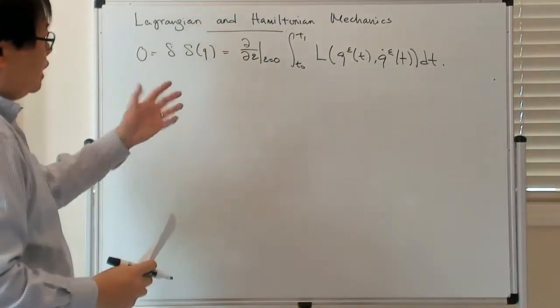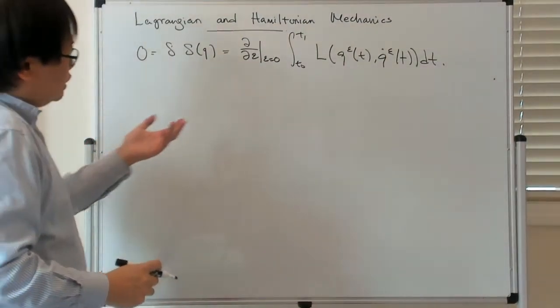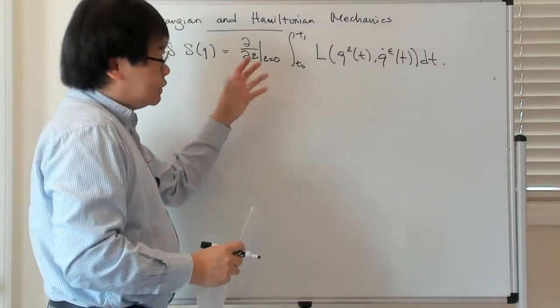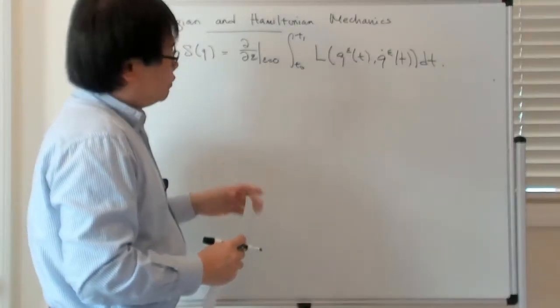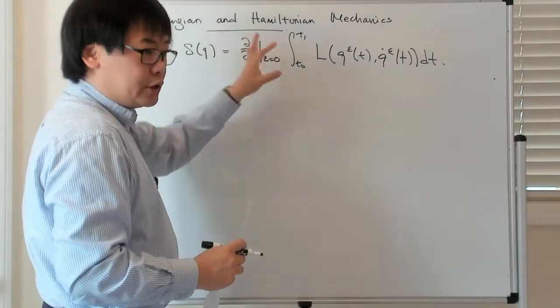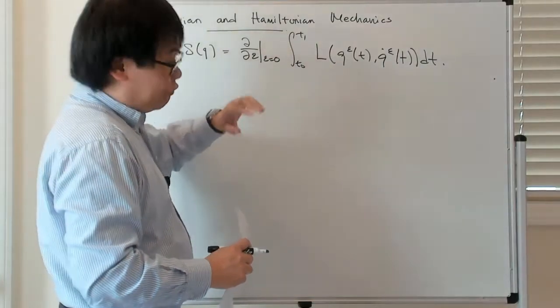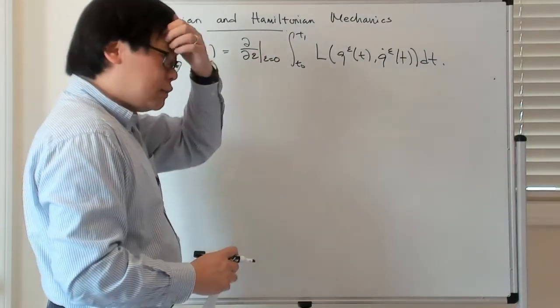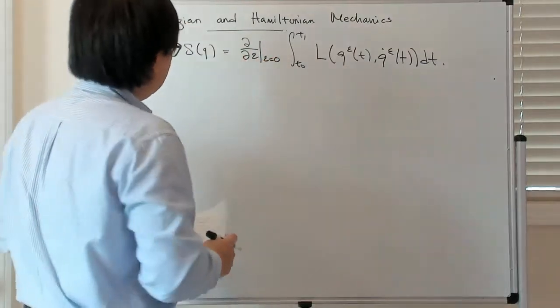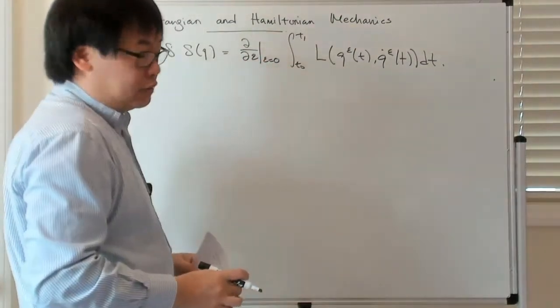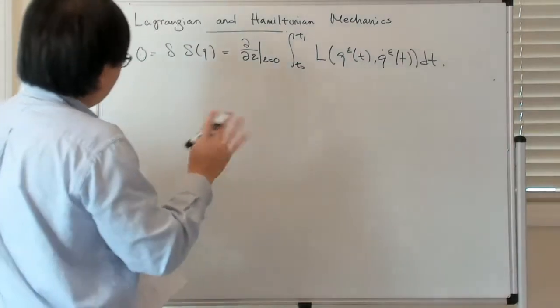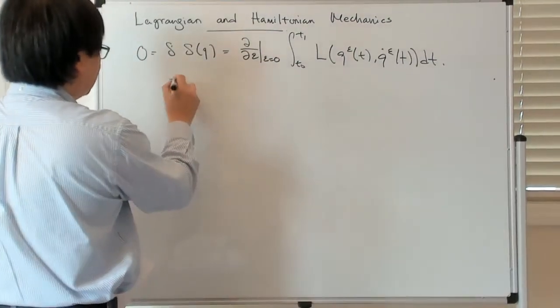Then you can swap the integral and the derivative. In general, when you do this, a boundary term shows up, but because the variations of q vanish at the endpoints, the boundary terms vanish, and so you can just swap them. But again, in general, one has to be careful, and there is typically a boundary term.